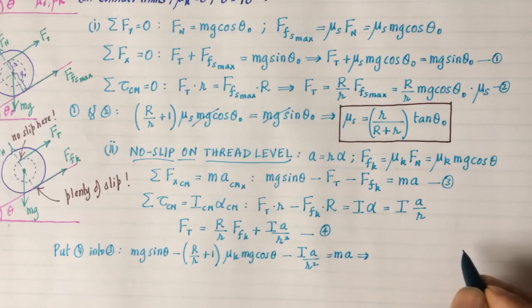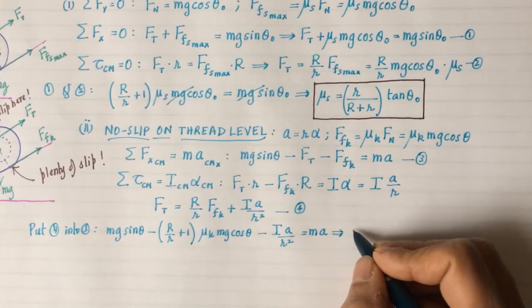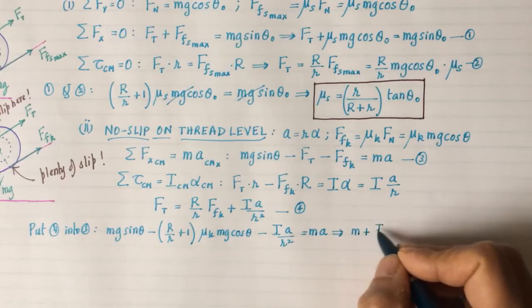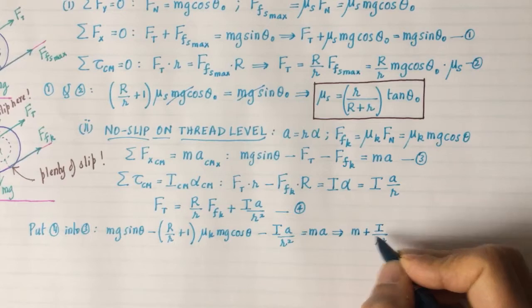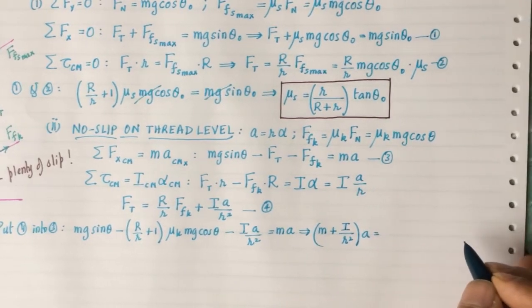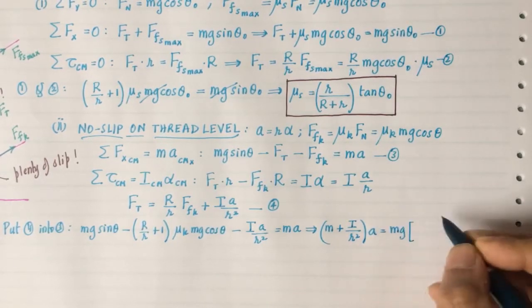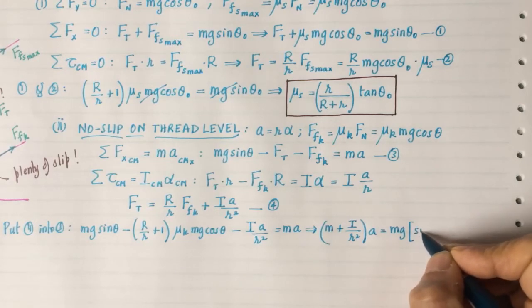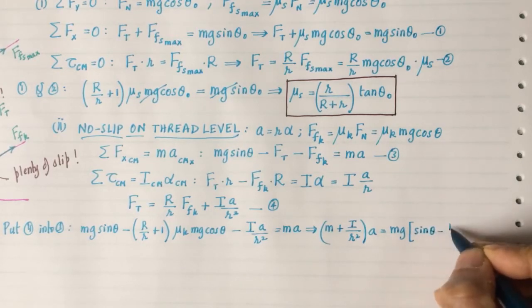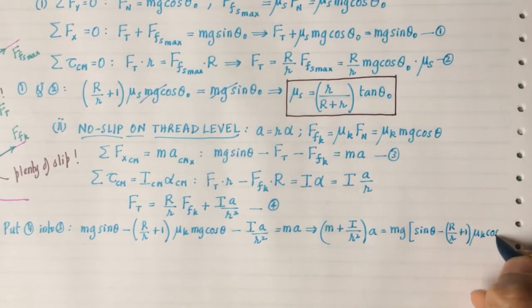And this equation can be solved for the acceleration. I guess I can do that like this. I'll take all the acceleration terms to one side, so I get m plus I over little r squared times a equals everything else. So that's going to be mg times sine theta minus R upon r plus 1 mu k cosine theta.